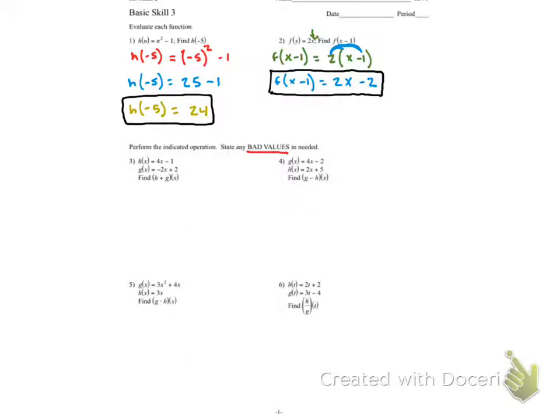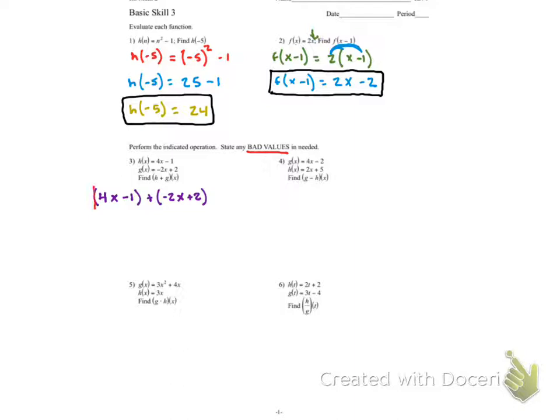Number 3 tells us that we are going to take h and add it to g. So h is 4x minus 1, and we get that from here. Then there's g. We're going to take all of this and add it to g, which is negative 2x plus 2. From here, we're familiar with how to do all these.